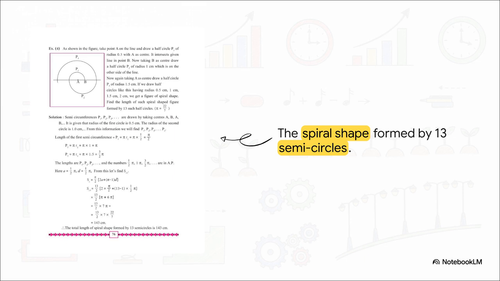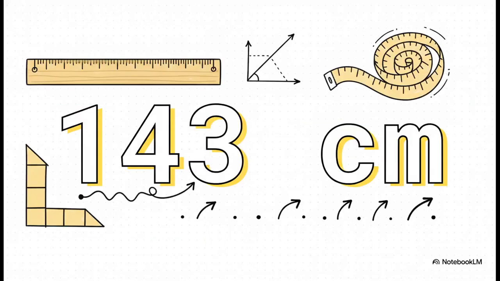To find the total length of the spiral made of 13 such semicircles, we simply plug these values into our Sn formula. And look at what we get, 143 centimeters. I really want to emphasize this final calculated length. It brilliantly illustrates how abstract geometric formulas and algebraic progressions yield very concrete physical measurements. These are measurements you can actually verify in the real world with a measuring tape.